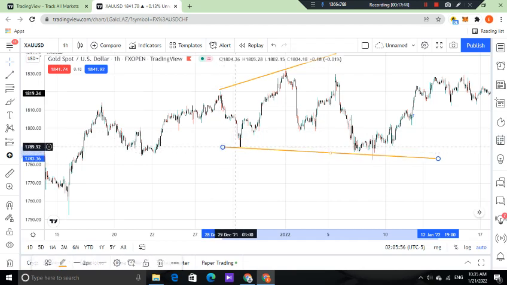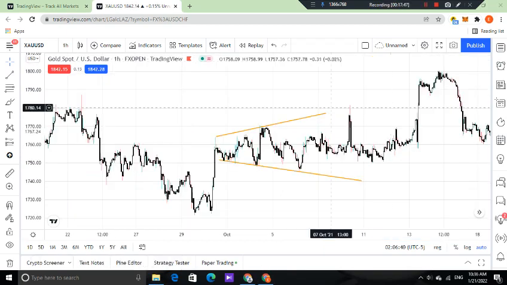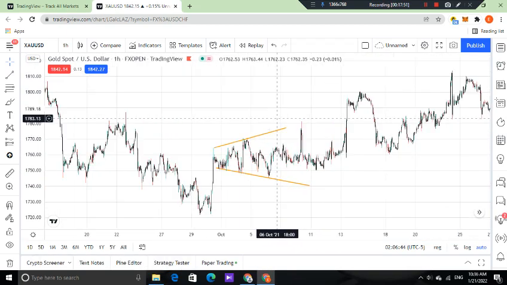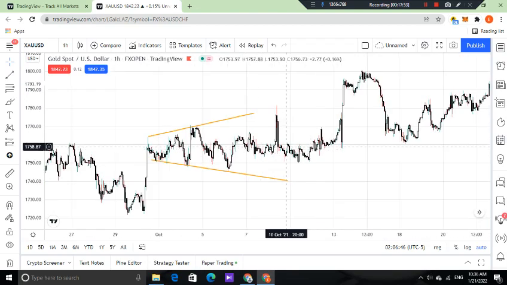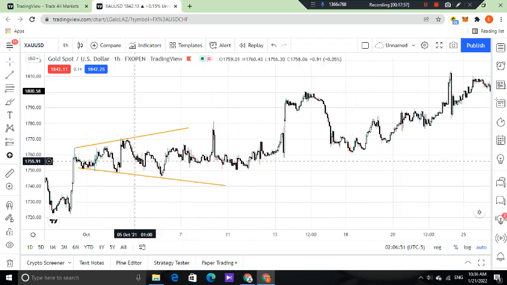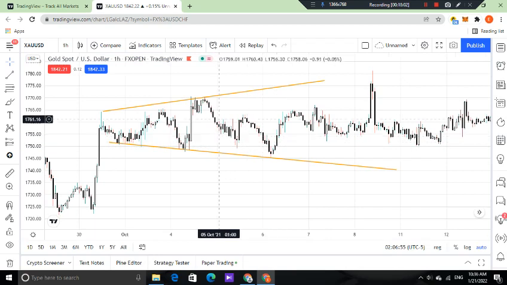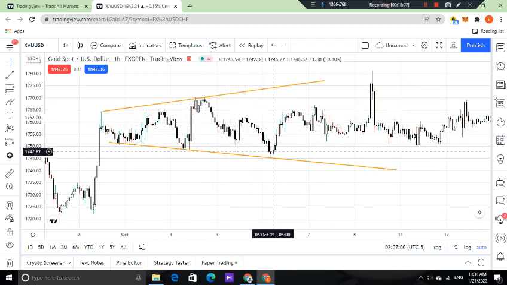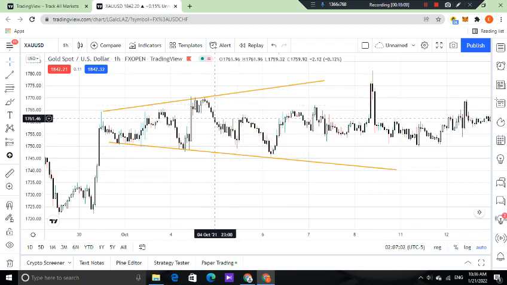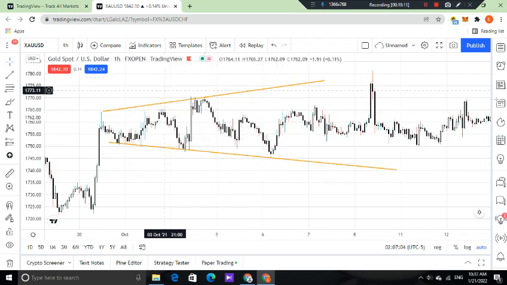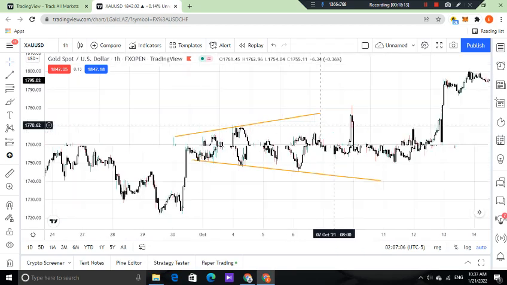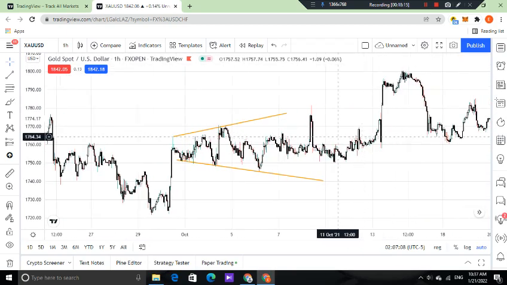Maybe it's not a good example. Let me find another example for you. Okay, here is another example of expanding triangles. As you can see, you have these expanding legs, and you can subdivide each leg into 2 legs, first leg, second leg, and all of it as one leg.